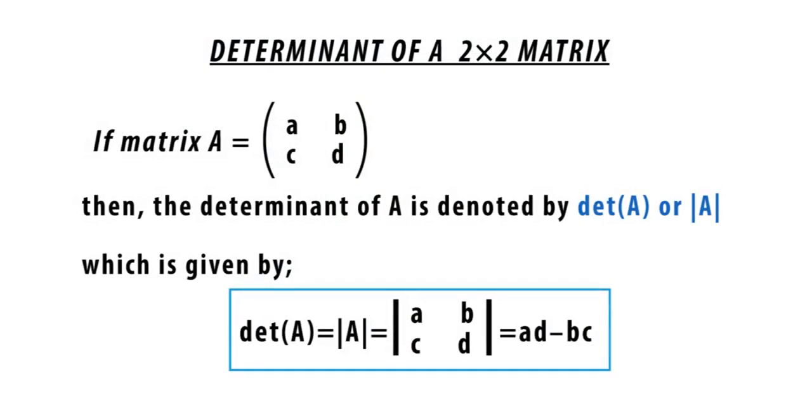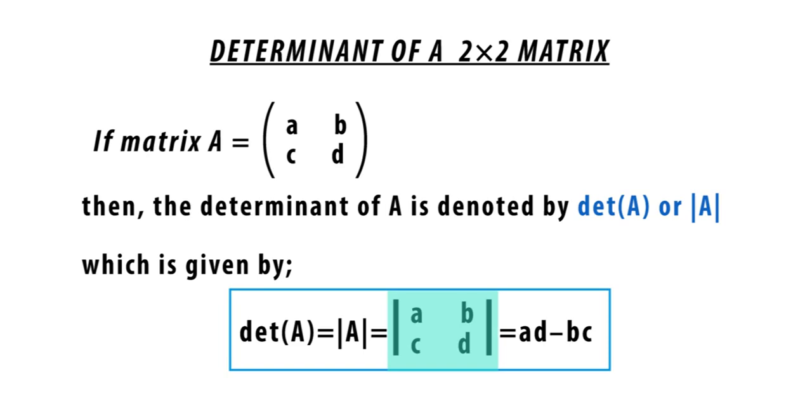If matrix A is equal to a, b, c, d, then the determinant of the matrix A is denoted by det A, as you can see, sometimes written as |A|, which is given by the matrix a, b, c, d with the bars.